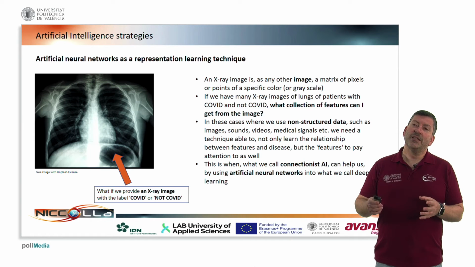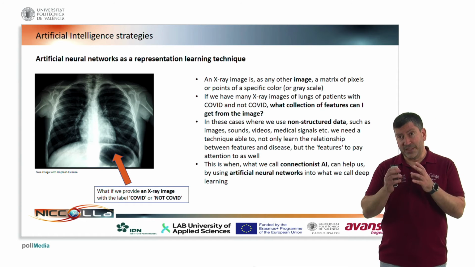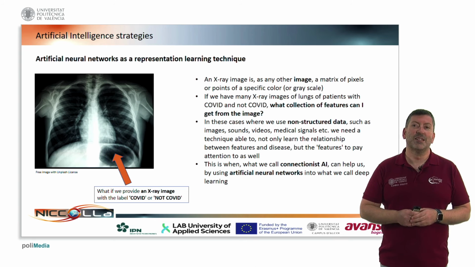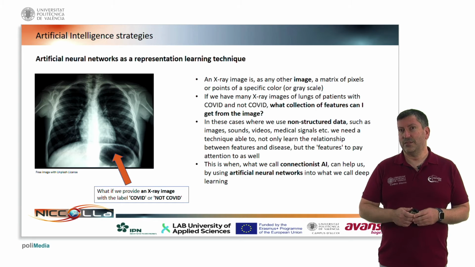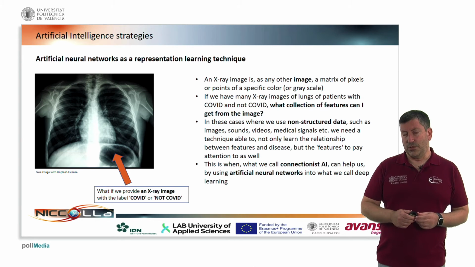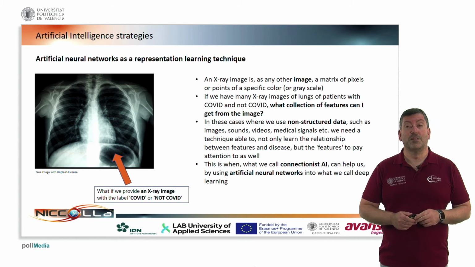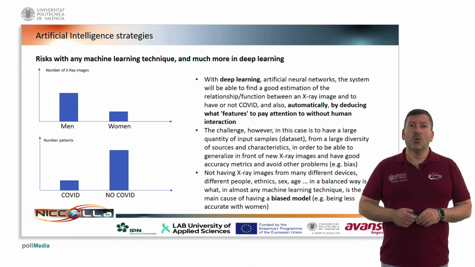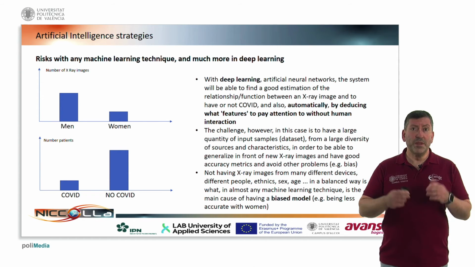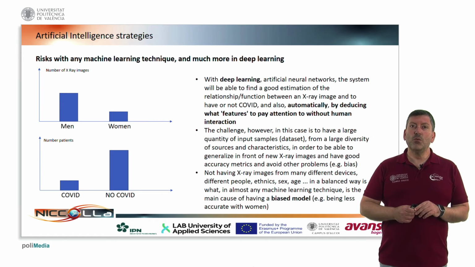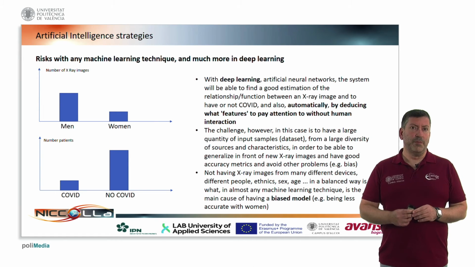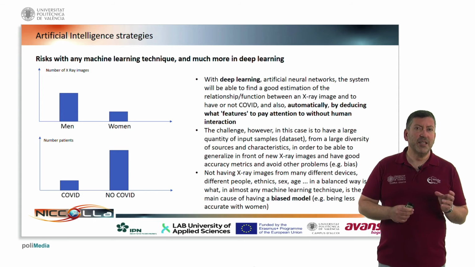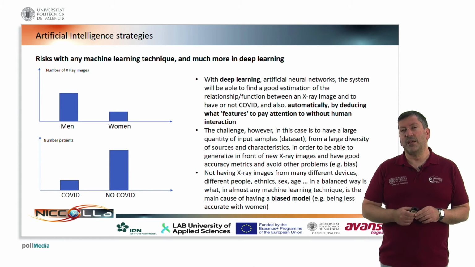So deep learning is a subset of machine learning techniques that also gives us incredible results in front of non-structured information. So with deep learning, artificial networks, the system will be able to find a good estimation of the relationship or function between an X-ray image and having COVID or not.